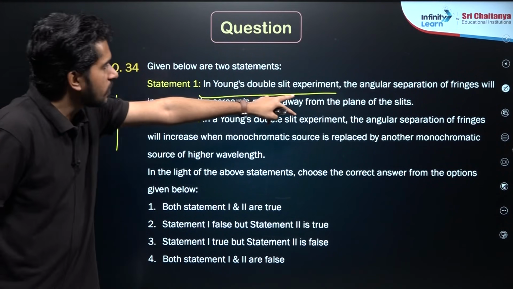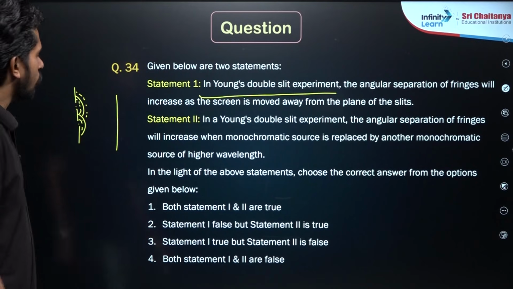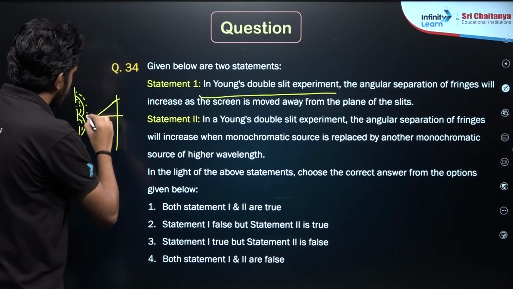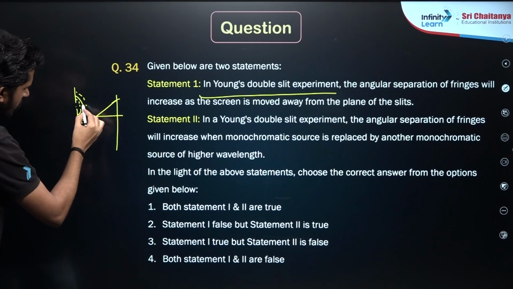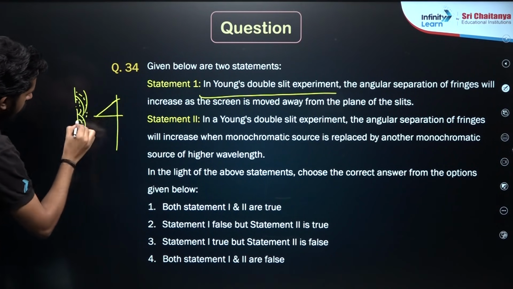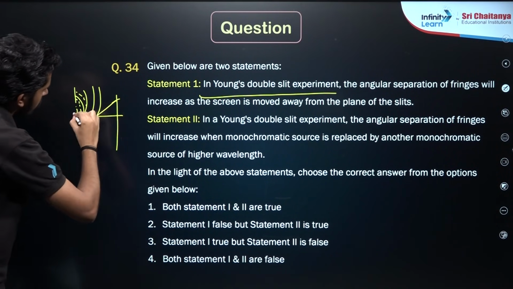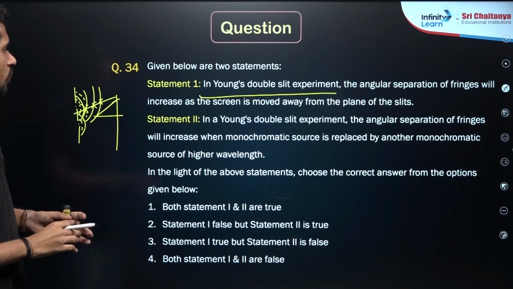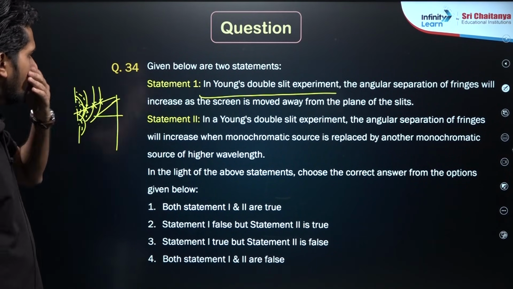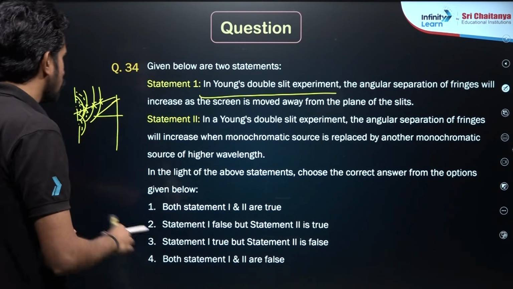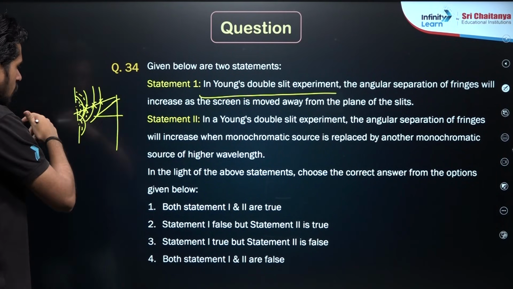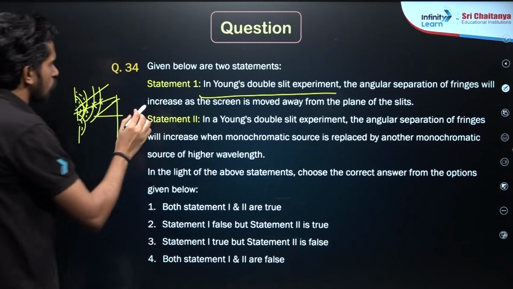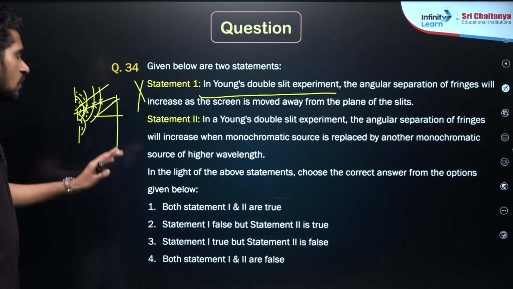The angular separation of fringes. So angular separation, how would you do it? When you mark this, those lines would be cutting there. So does it increase as the screen is moved away? No, that's not the case. When you are moving away, it will be similar. So this statement is incorrect.